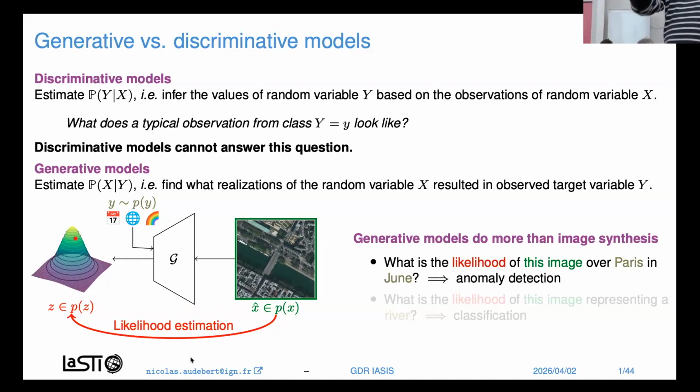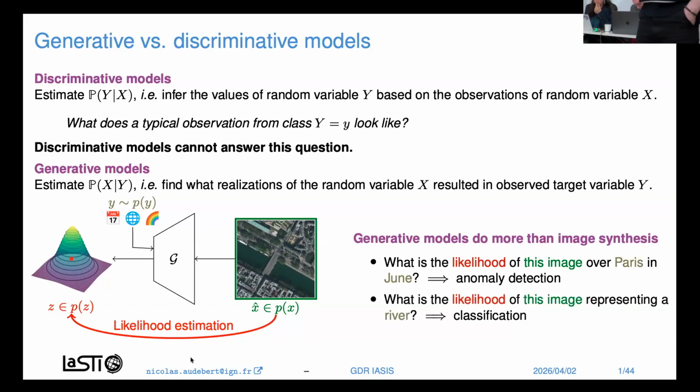So let's say, what is the likelihood of this specific image over Paris in June? You can do anomaly detection because you assign a likelihood score to this image in a given context. And if the likelihood is small, but you know that this image is real, then maybe this image is unusual, or at least it's unlikely for some characteristic in the dataset.